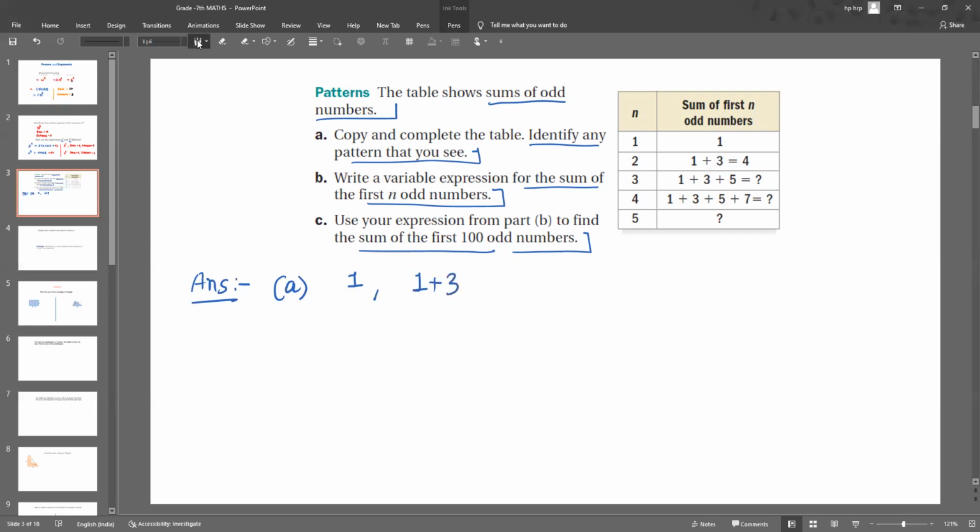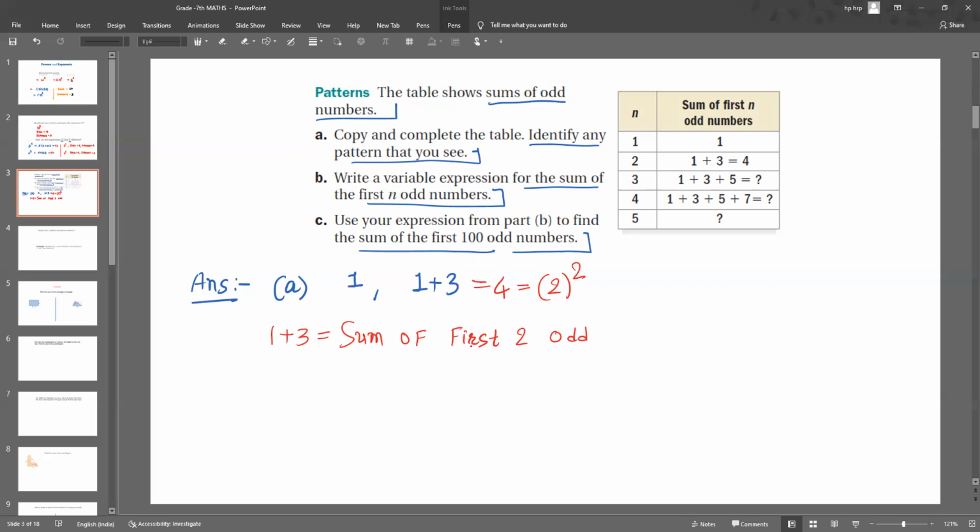If we add 1 plus 3, what do we get? 4, and 4 can be written as 2 square. So 1 plus 3 means the sum of the first two odd numbers I can take.